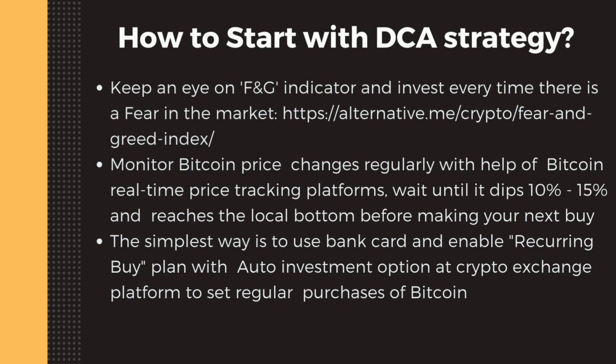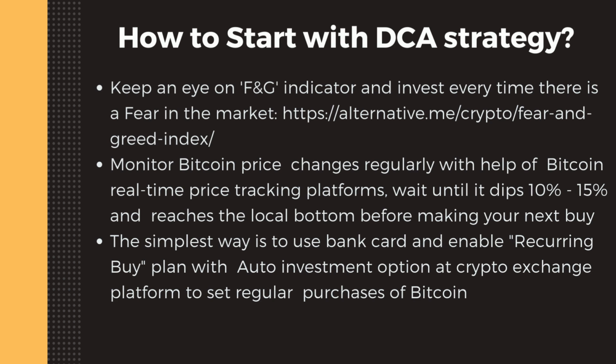the price of cryptocurrencies. And the simplest way is to use your bank card and enable a recurring buy plan with auto investment option at any cryptocurrency exchange platform to set your regular purchases of Bitcoin on a daily, weekly, or monthly basis.